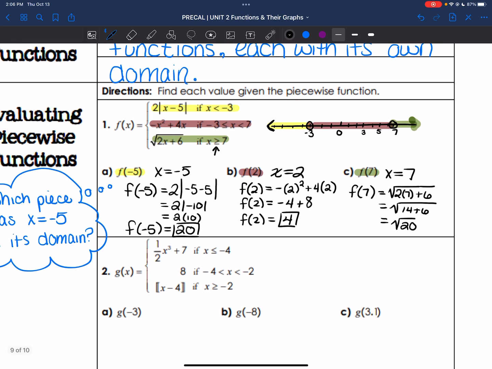And that is not a perfect square. We're going to ask ourselves, okay, how could we rewrite that? I could rewrite this as 4 times 5. So this is 2 square root of 5. My function at 7 is 2 square root of 5.